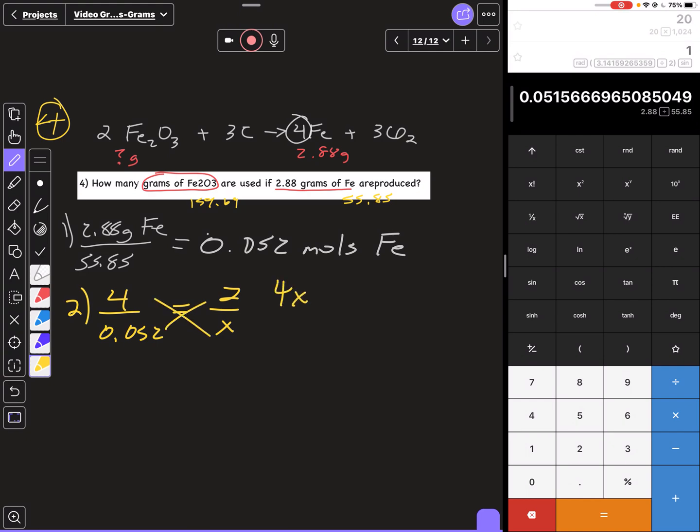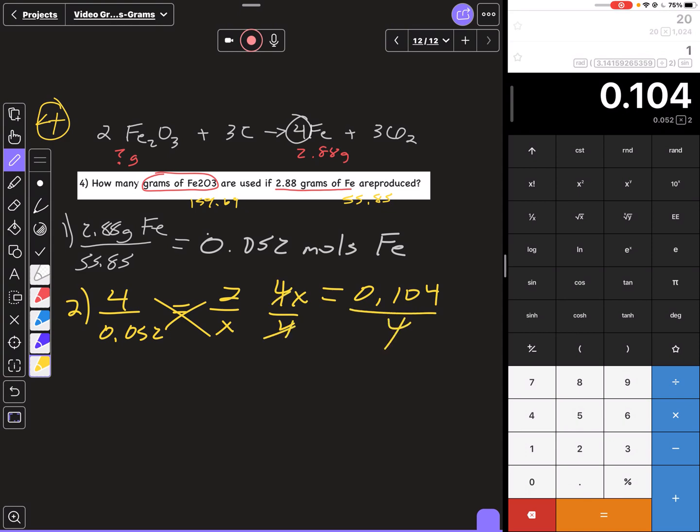That becomes 4X equals 0.052 times 2. Now divide both sides by 4.